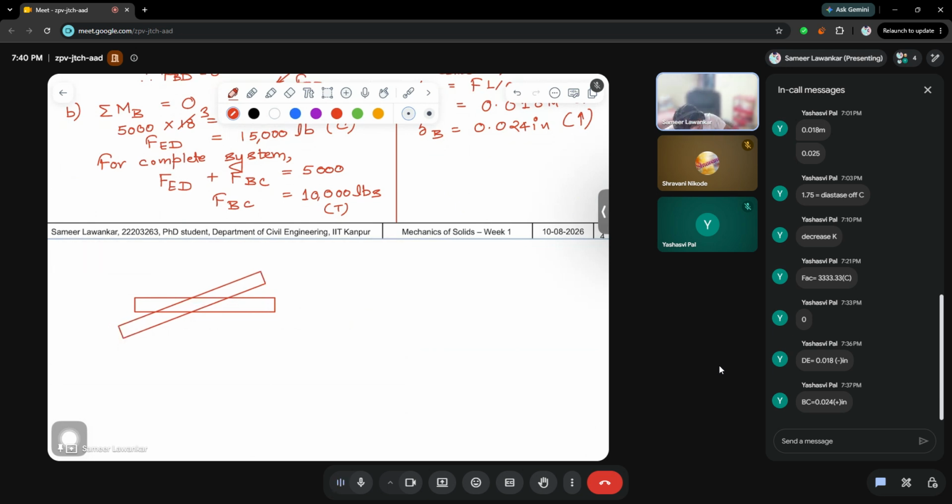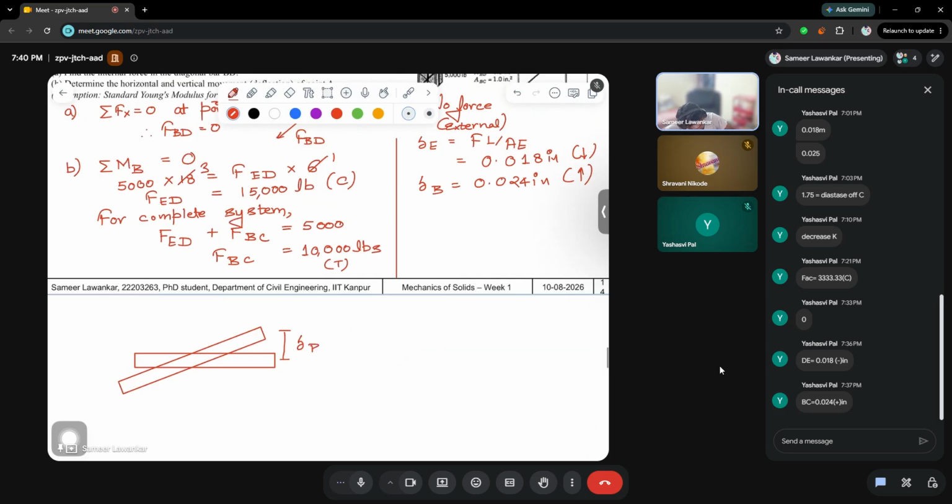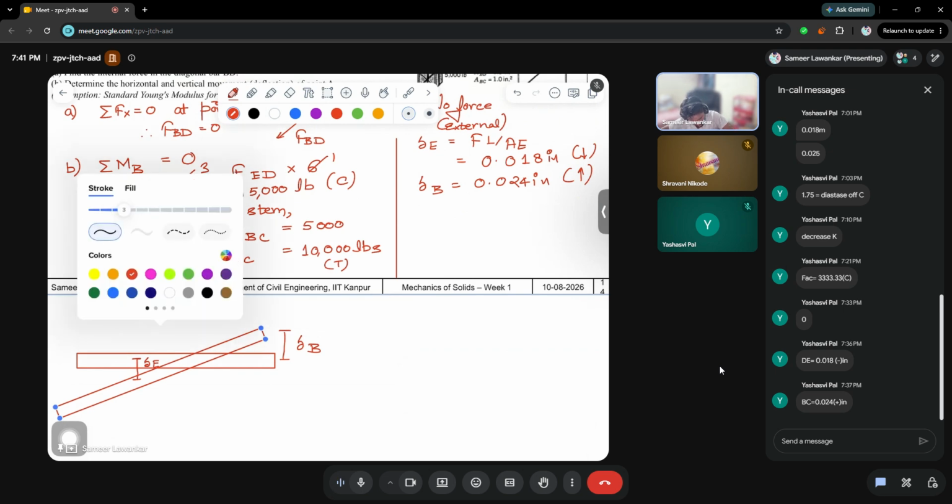We actually calculated this value as delta B, and it's not up to scale. Let me just make it much better scale-wise. It's somewhat like this, and this is your delta E. Okay, so that's how you need to understand this.